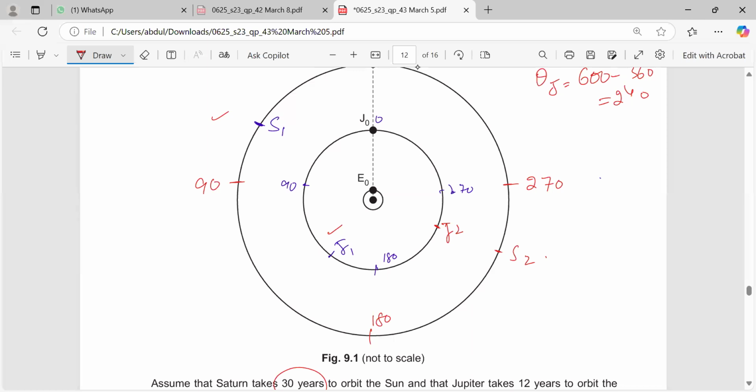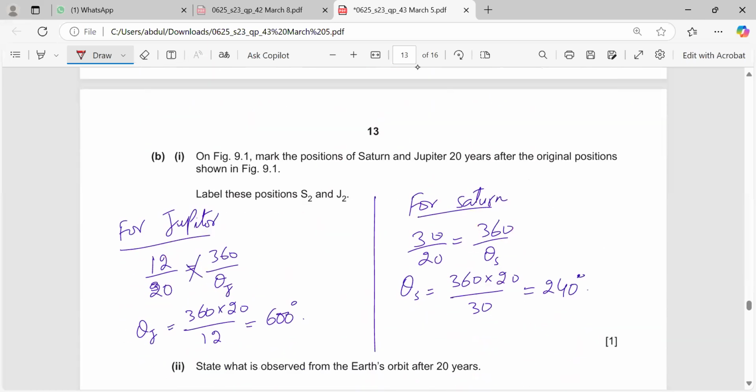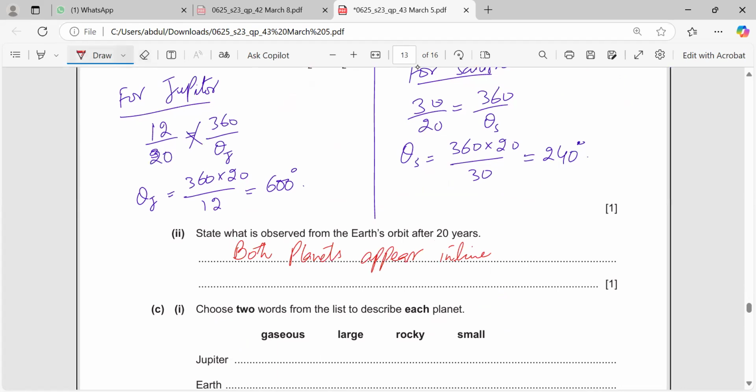If you observe them from Earth's orbit, Jupiter and Saturn will appear in line from Earth. Both planets appear in line.